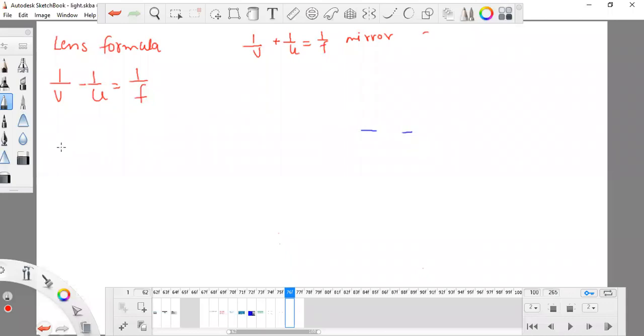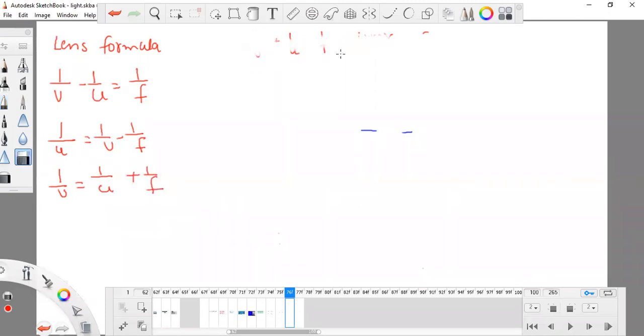If I have to find u, it will be 1 upon u equals 1 upon v minus 1 upon f, and if I have to find v, then 1 upon v is equal to 1 upon u plus 1 upon f.